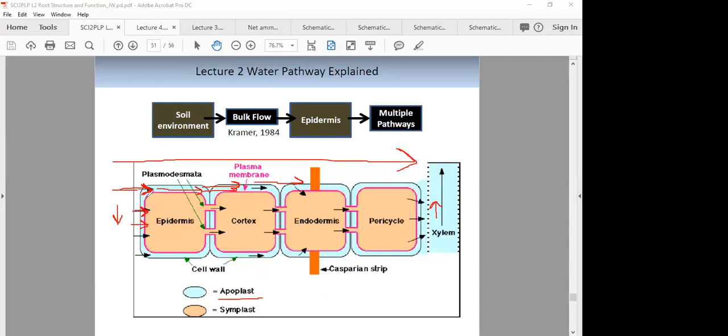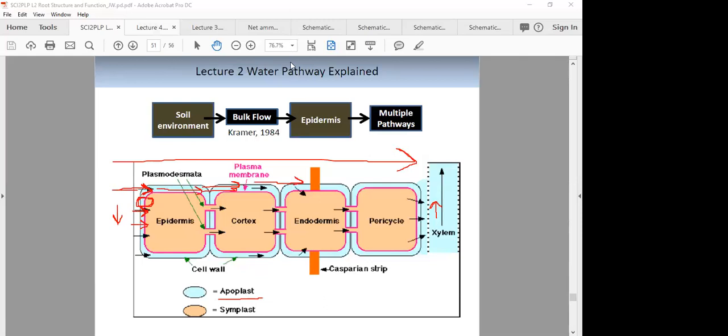There are also transport proteins within the plasma membrane that are selective for water. They're called aquaporins. These transport proteins are much faster at moving water into each cell than simple diffusion alone through the membrane. So that's another way.